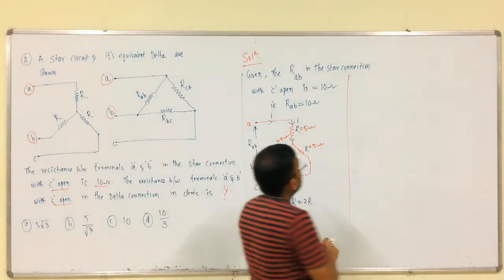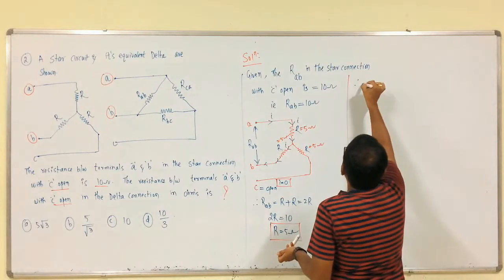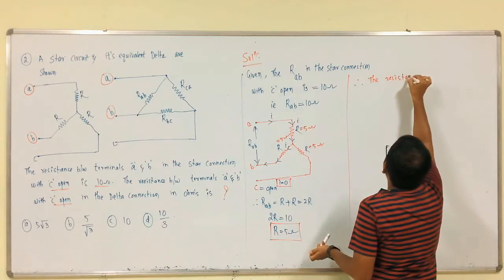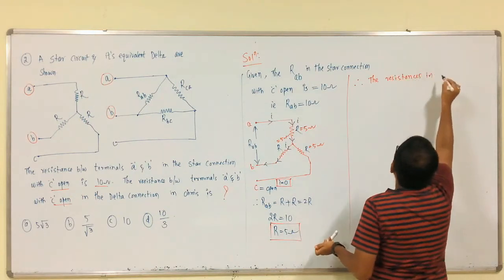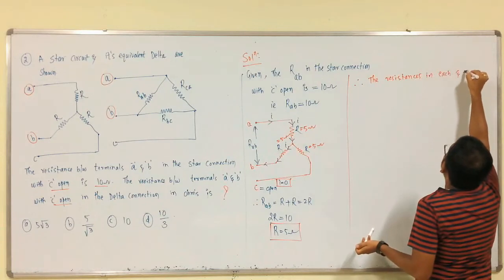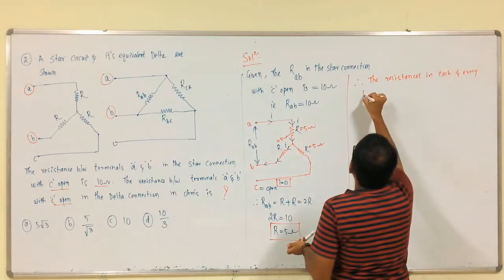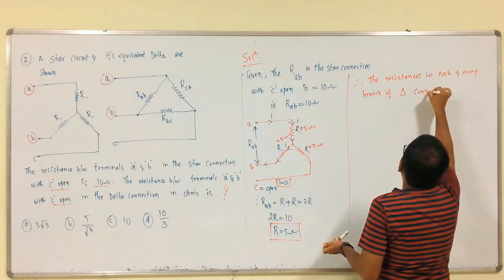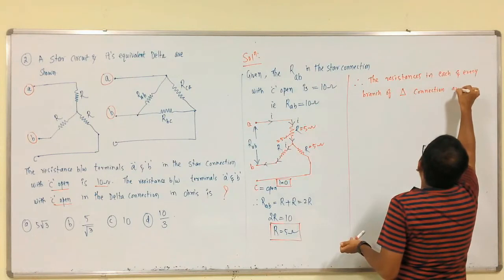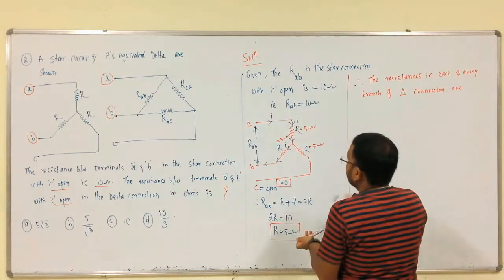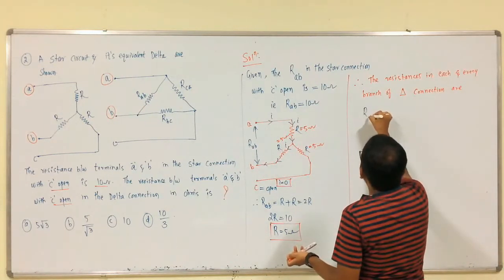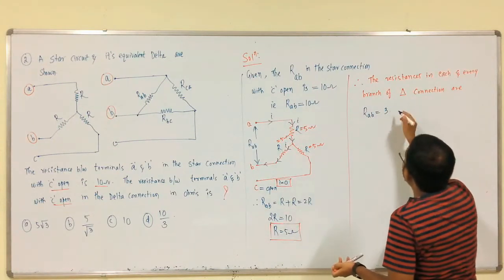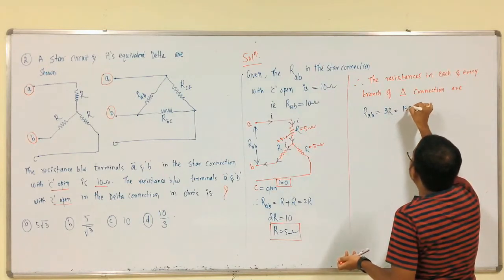Therefore, the resistances in each and every branch of the delta connection are, given RAB, RAB is equal to what? 3 into R, simply you have to write 3 into R, which is equal to 15 ohms.